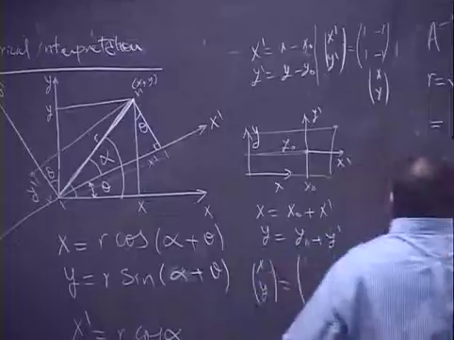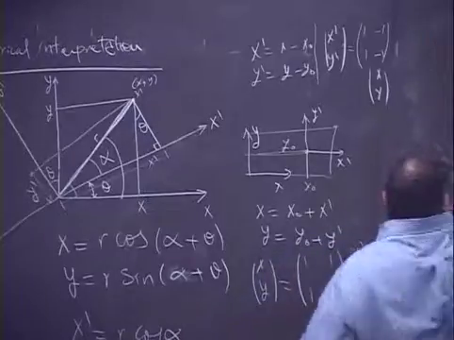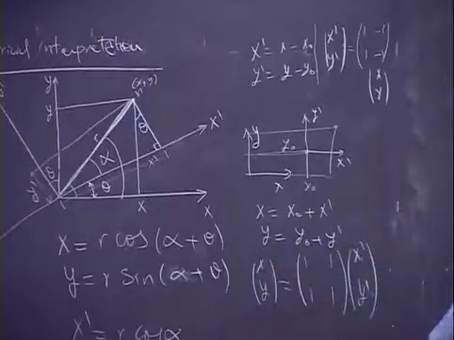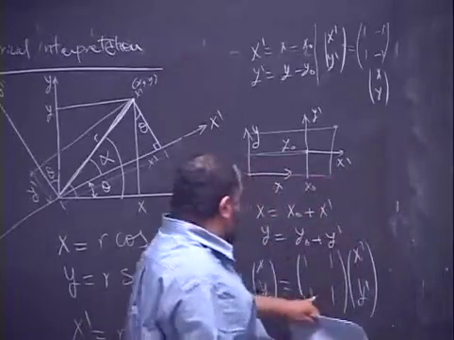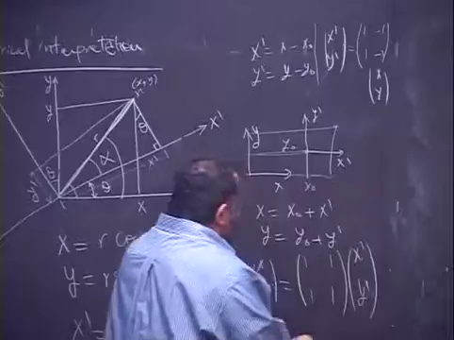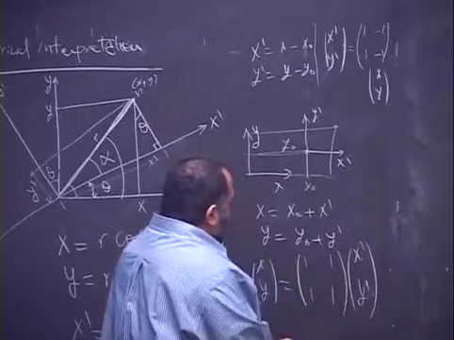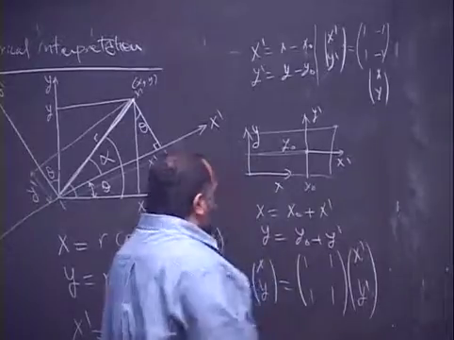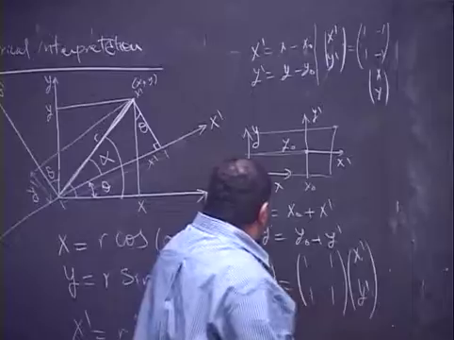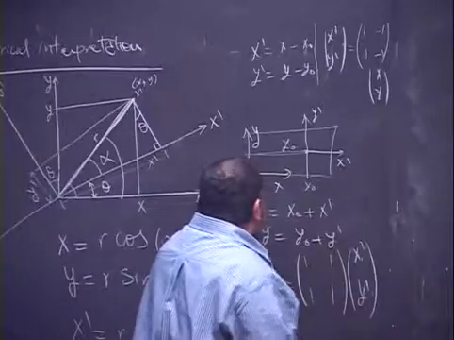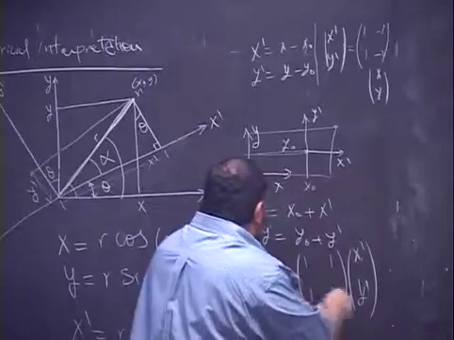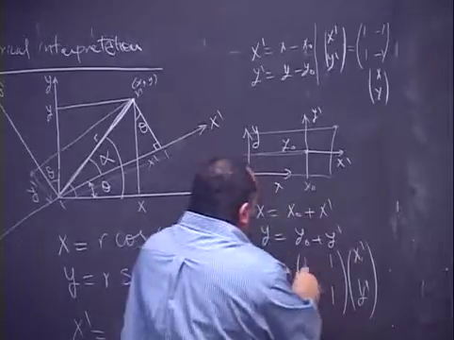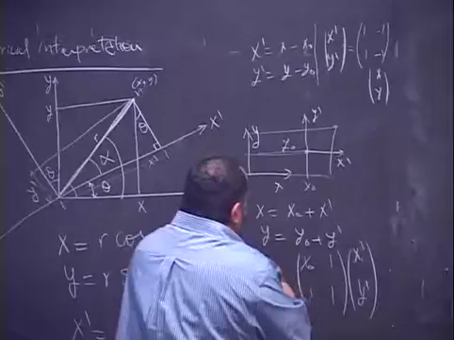When you do that matrix multiplication, you don't get those equations. When you do the matrix multiplication, x equals x' plus y'. Oh, so we have to change this to be x₀ and 0. So this will be x₀, maybe.